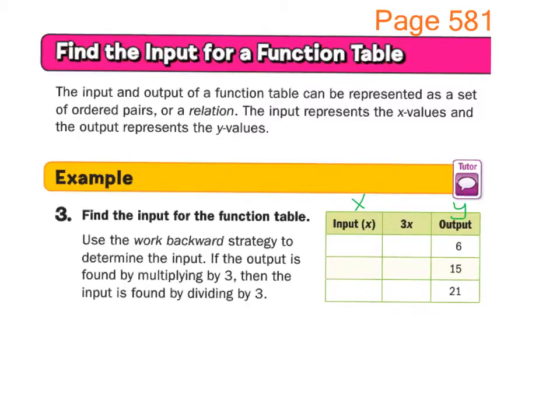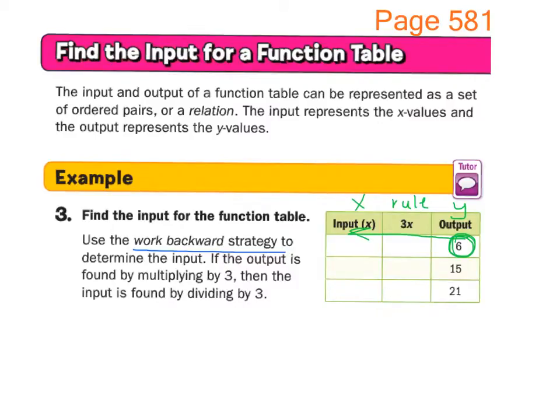So here's my rule right here in the middle. What they'd like us to do is go from 6 and go across the chart backwards. What is 6? That's our final answer, and we have to figure out what number times 3 gave us that 6, because that will tell us what the input is. So we're going to use the work it backwards strategy to find the input.